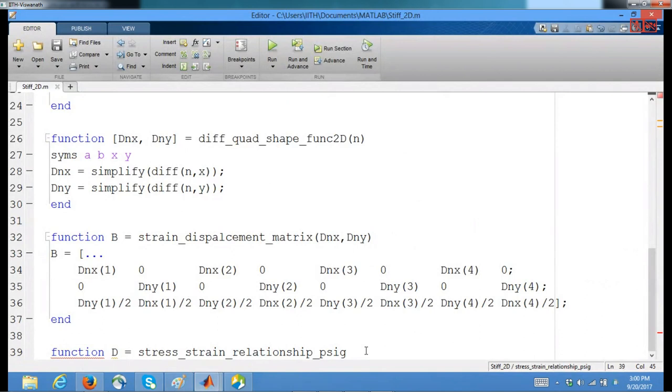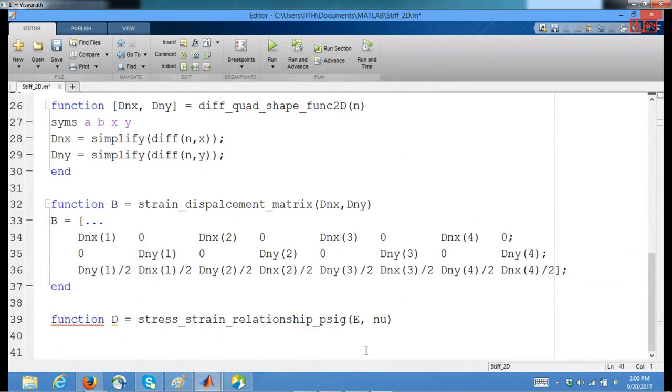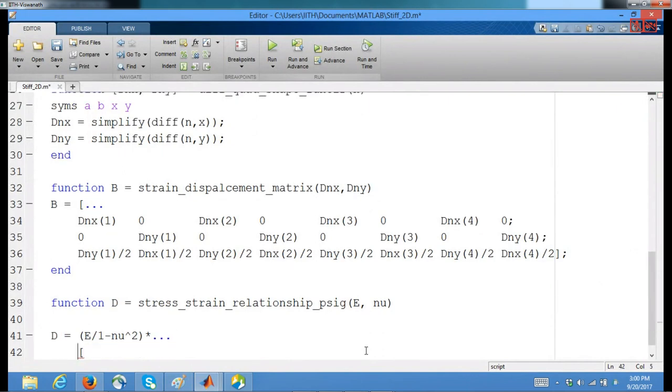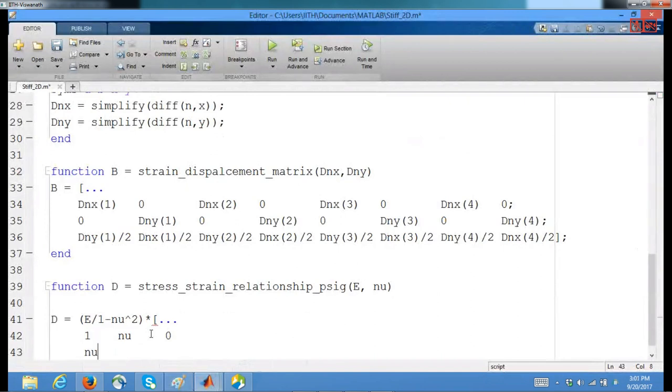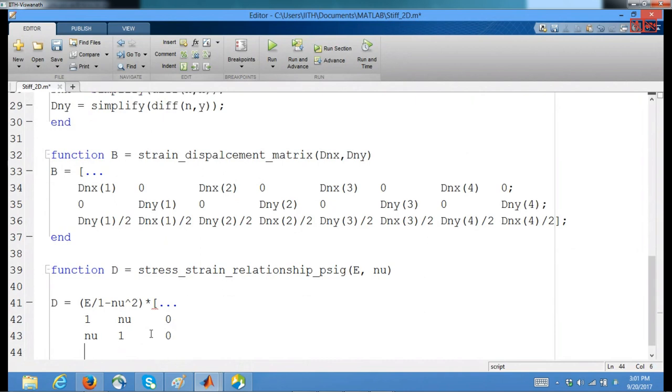Given E and nu, our D matrix is equal to E divided by 1 minus mu square times 1 nu 0, nu 1 0, 0 0 (1 minus nu) by 2.